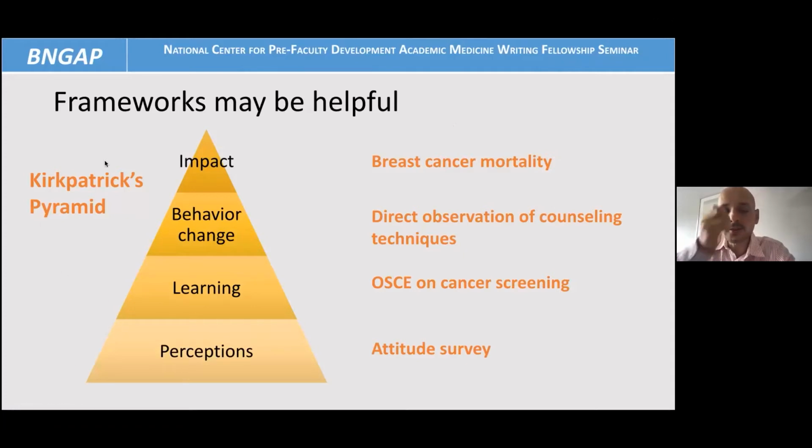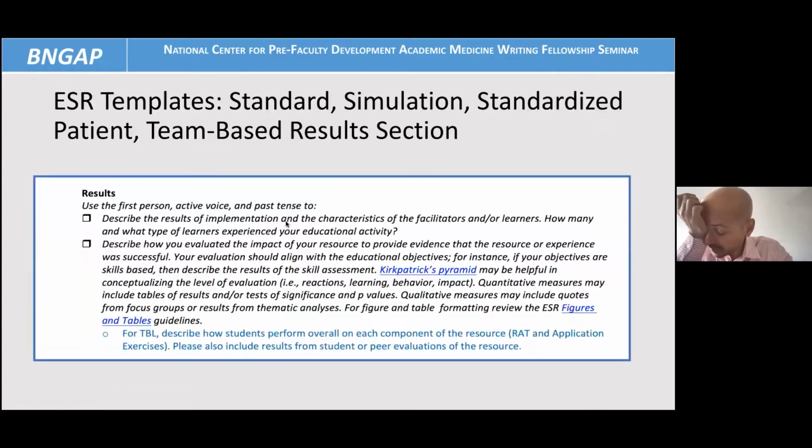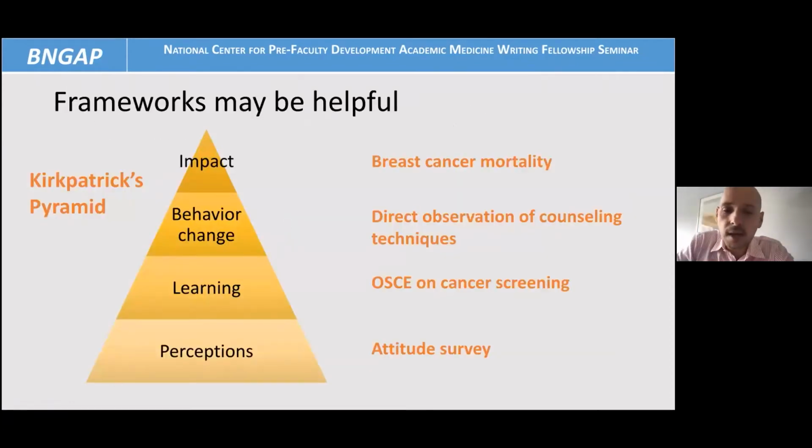Now, one other thing I'll just mention about learning, as written here, multiple choice questions and true, false questions would qualify for learning. OSCEs are quite intense. So knowledge-based questions with 4 multiple choice options or true, false would qualify for learning.